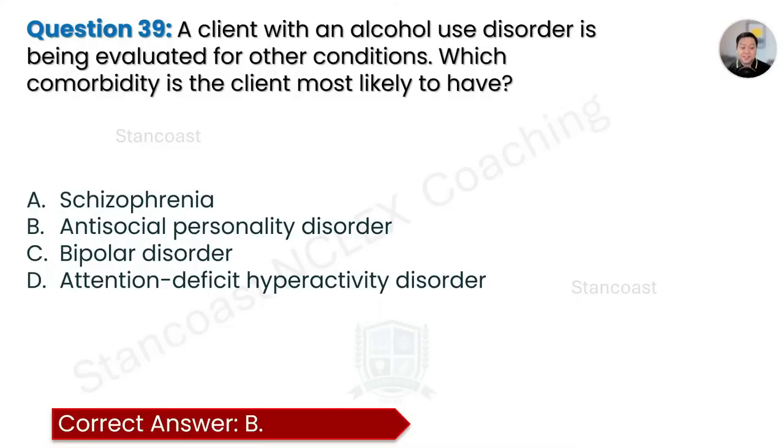For letter A, this is an incorrect option because it's not commonly associated with alcohol use disorder in the way antisocial personality disorder is. For C, we know that bipolar disorder can coexist with alcohol use disorder, but it's less prevalent in comparison to antisocial personality disorder in clients with alcohol abuse.